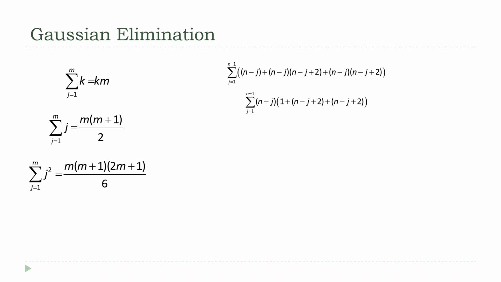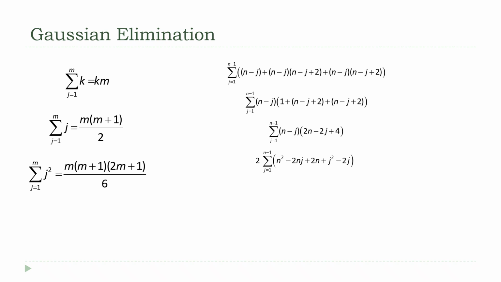So this becomes the sum of n minus j times 1 plus n minus j plus 2 plus n minus j plus 2. Okay, now I'm just going to simplify everything that's inside the right-hand parentheses. That expression becomes 2n minus 2j plus 4. Of course, still the n minus j out in front there.